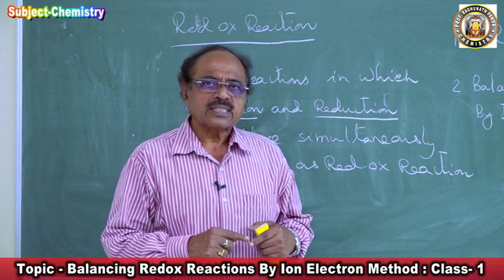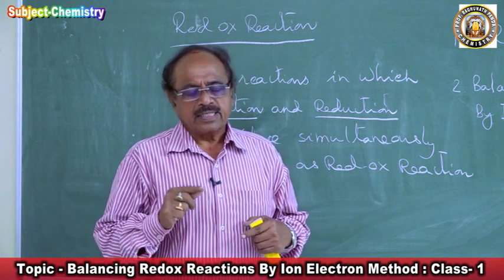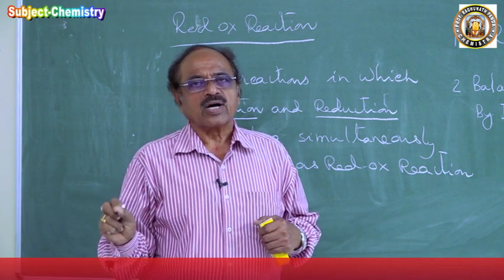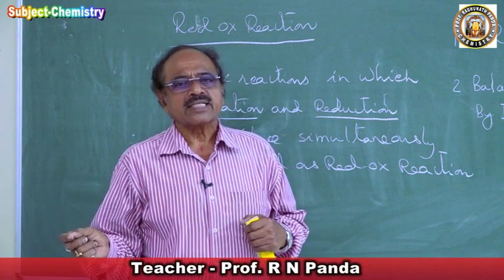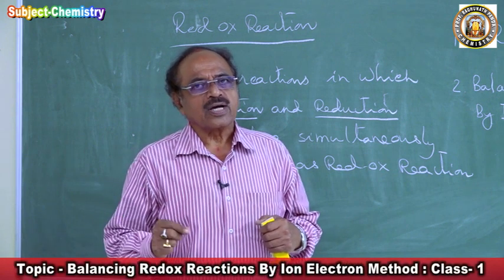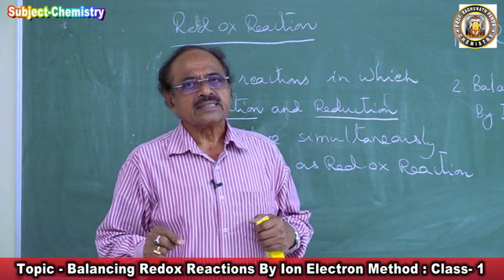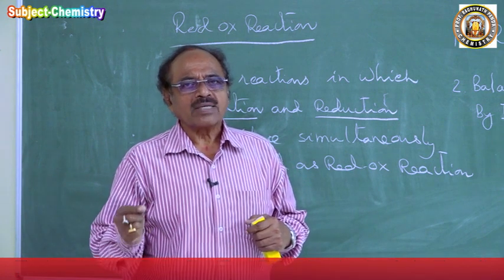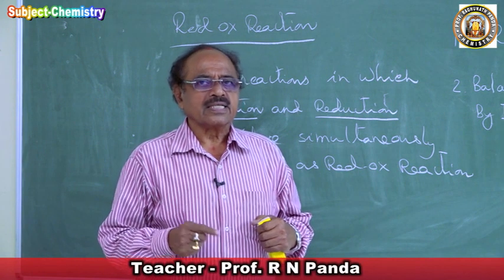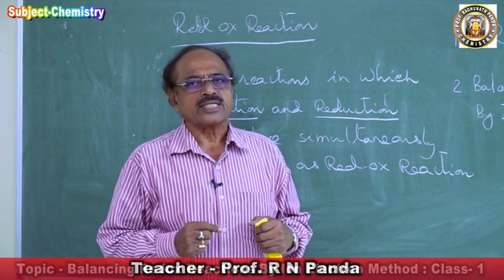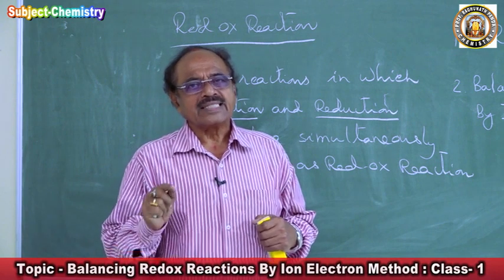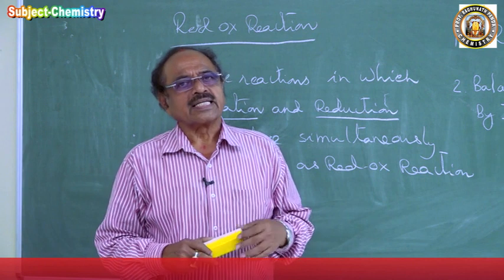If you come to reduction, the reducing agent is one which brings out the reduction and gets oxidized during the process. So during reduction, the reducing agent reduces, and what happens to it? It gets oxidized. So where there is reduction, there is oxidation. Hence oxidation and reduction take place simultaneously, and these reactions are called redox reactions.